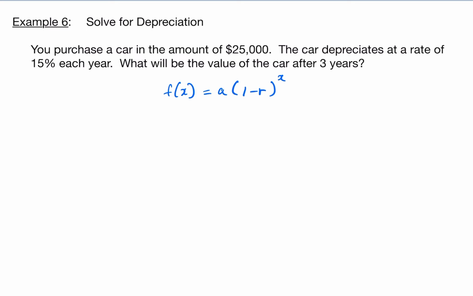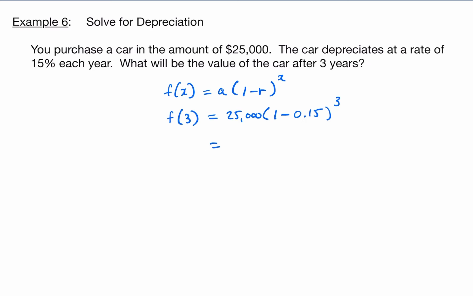So then this becomes f of 3, because we want to know what the value is in 3 years. That's going to equal 25,000 times 1 minus 15%, which is expressed in decimal, that comes out to 0.15, raised to the third power, okay?